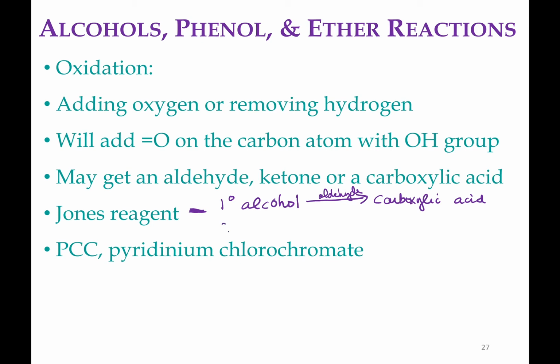If you have a secondary alcohol, no matter what you use, you're going to get a ketone. Now with PCC, you have a better chance, can't spell today, chance of seeing the aldehyde for longer.